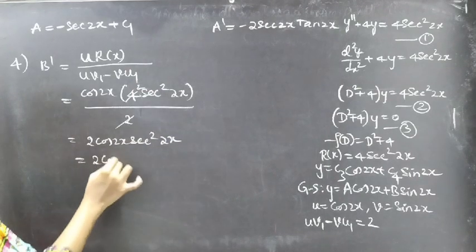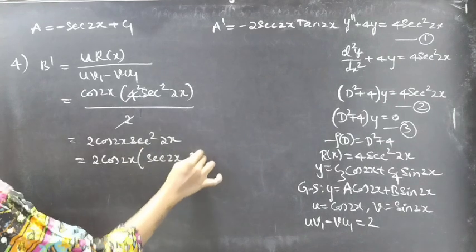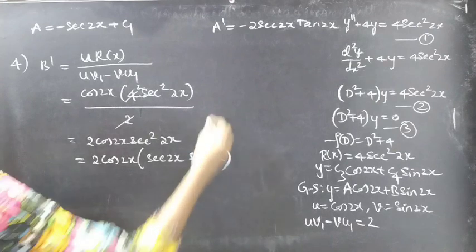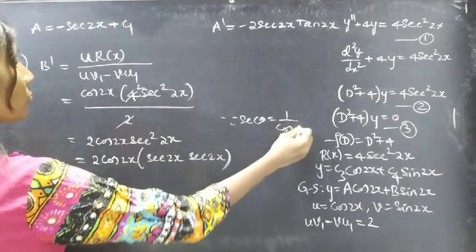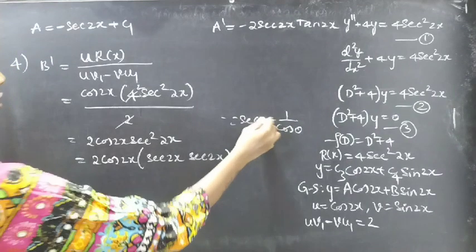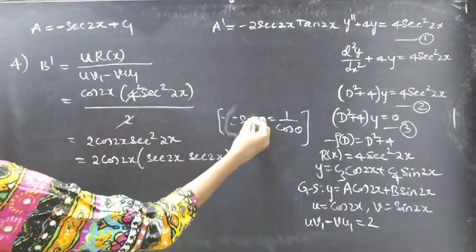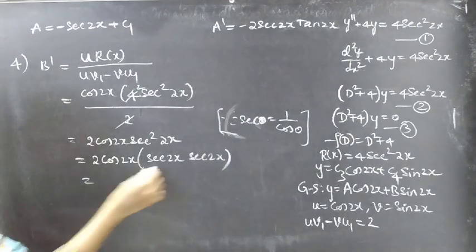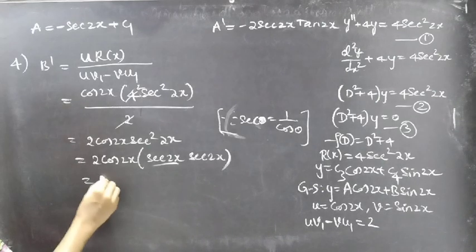Now write secant square 2x as secant 2x into secant 2x for our convenience. And we know that secant theta is the reciprocal of cos theta. So replace secant 2x with the reciprocal of cos 2x.